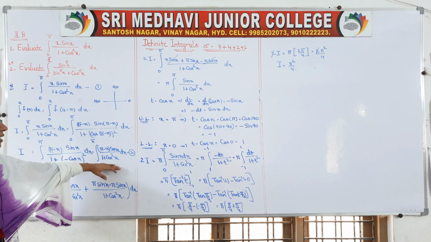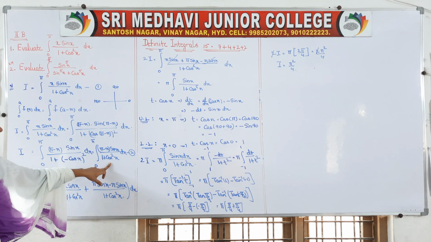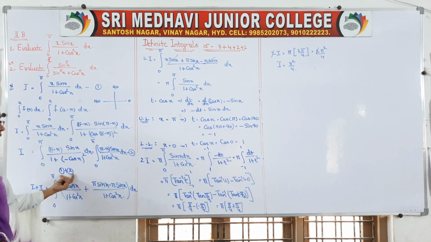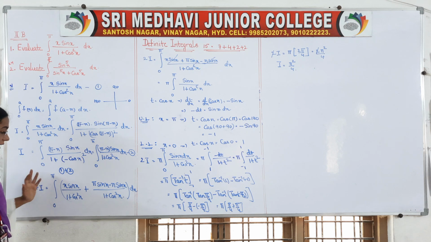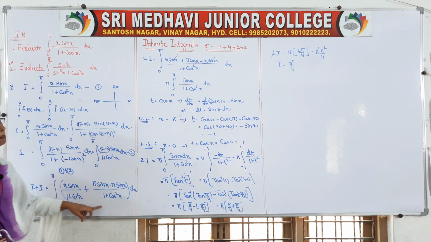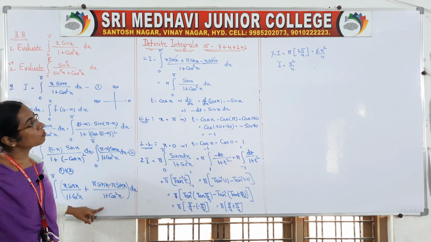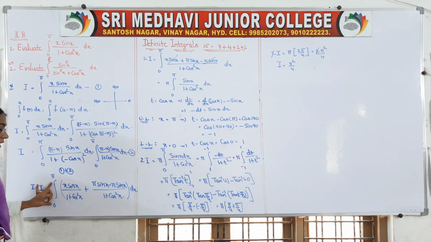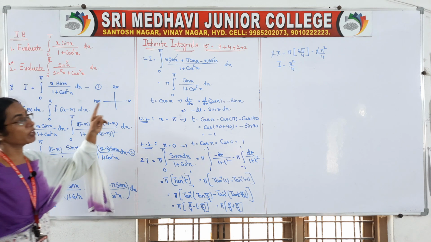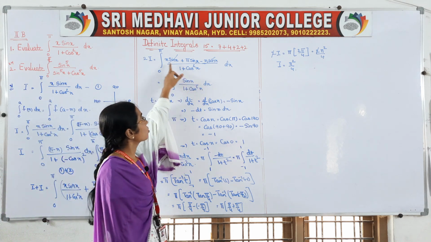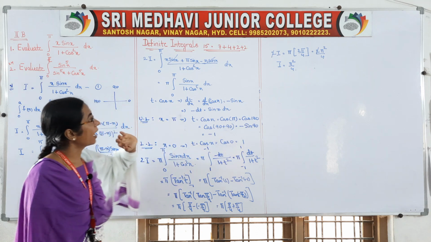You consider that as the second equation. Once we have the second equation, you add the first and second equations, I plus I, from 0 to pi this plus this. Whenever the integral limits are the same, we can write them combined, and we take the LCM, so positive and negative cancel.